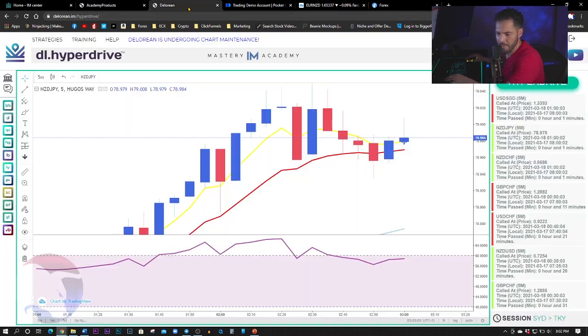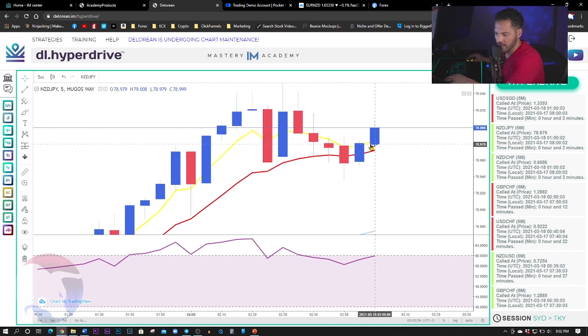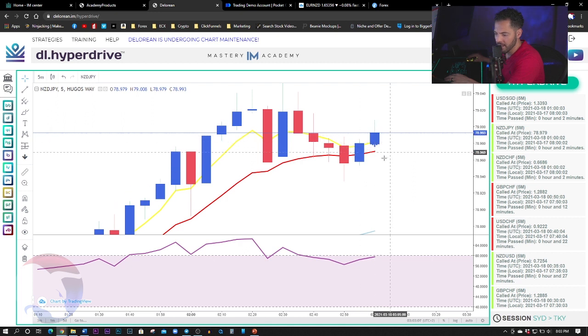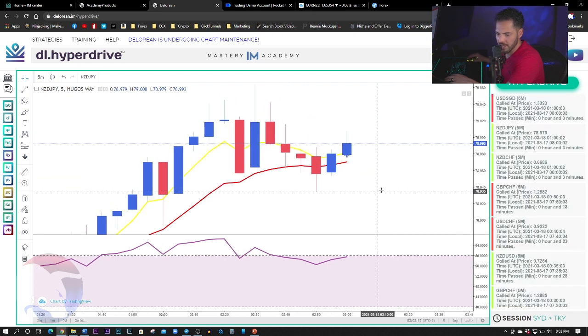So let's go ahead back onto the Hyperdrive software. So you see exactly where it did come down. It broke through the yellow line, which is a perfect setup, what we want to see before getting in. Okay. It gave you the blue arrow. And so we are in the trade now. This is NZDJPY.